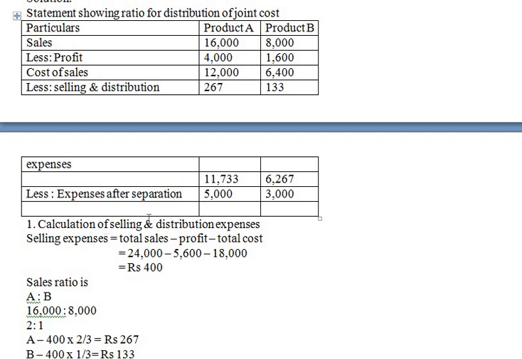So 6,733 and 3,267. So this is nothing but the joint cost.